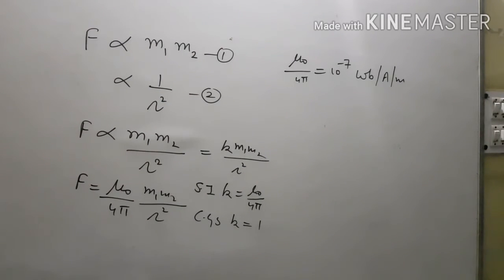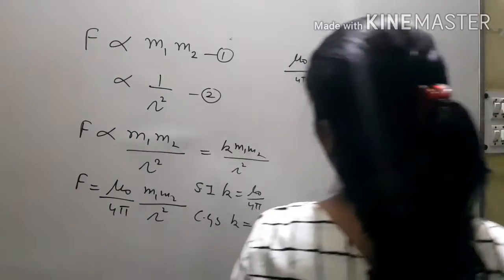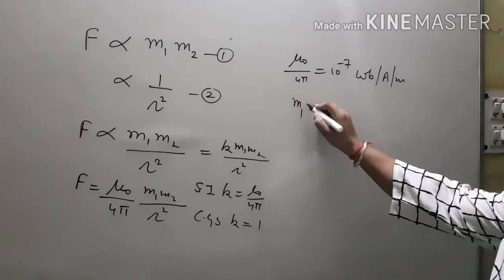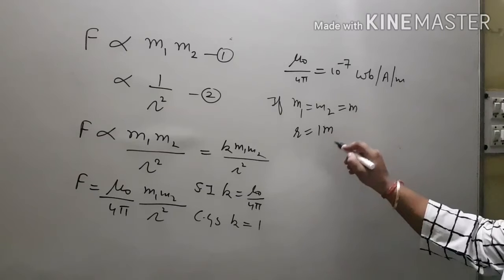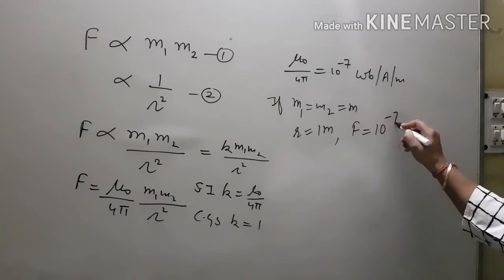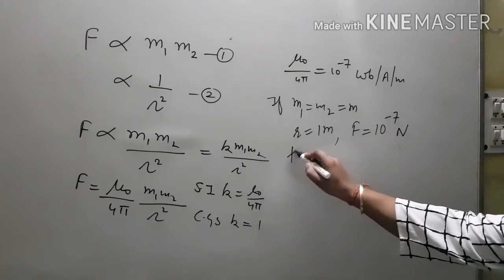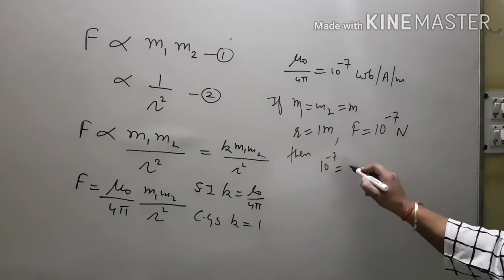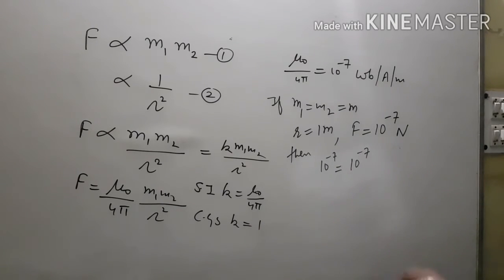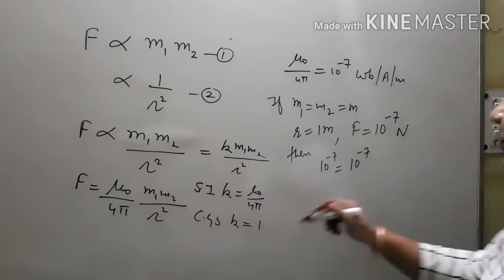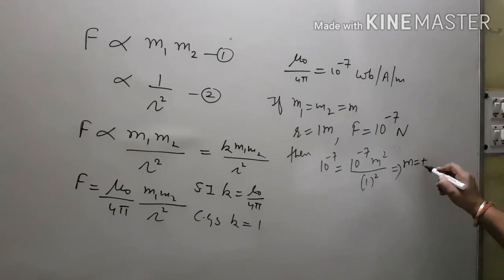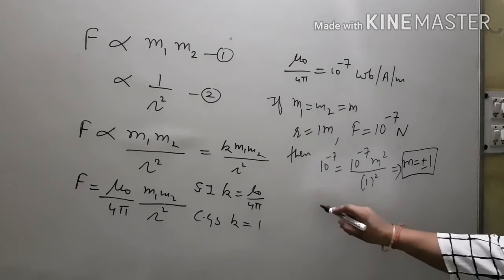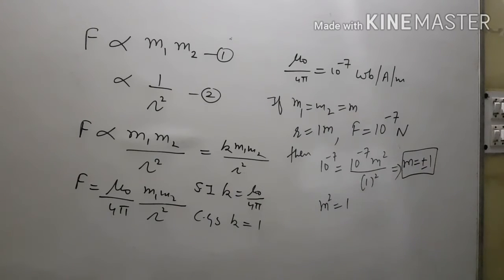Clear? Now if we want to define pole strength equal to 1, then if m1 is equal to m2 is equal to m, r is equal to 1 meter and the force between the poles is 10 raised to power minus 7 Newton, then 10 raised to power minus 7 equals mu naught by 4 pi, which is also 10 raised to power minus 7, times m square by r square. So m square is 1, and m becomes plus minus 1.